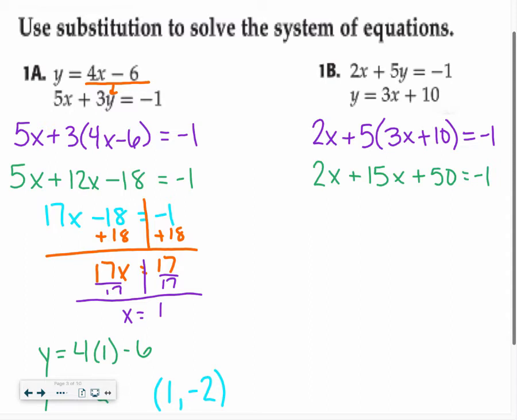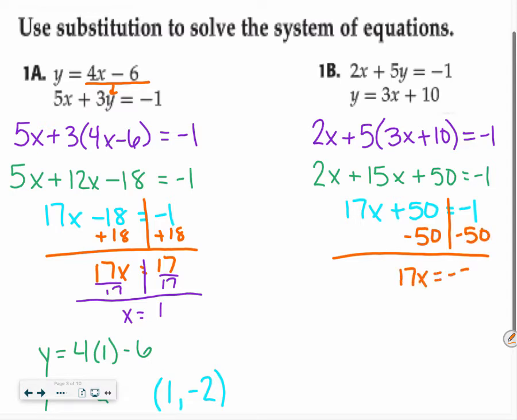Clean it up a little bit by combining like terms. I have 17x plus 50 equals -1. If I tee it up, I can get 17x by itself by subtracting 50 from both sides. So I have 17x equals -51. If I tee it up again and divide both sides by 17, I have x equals -3.